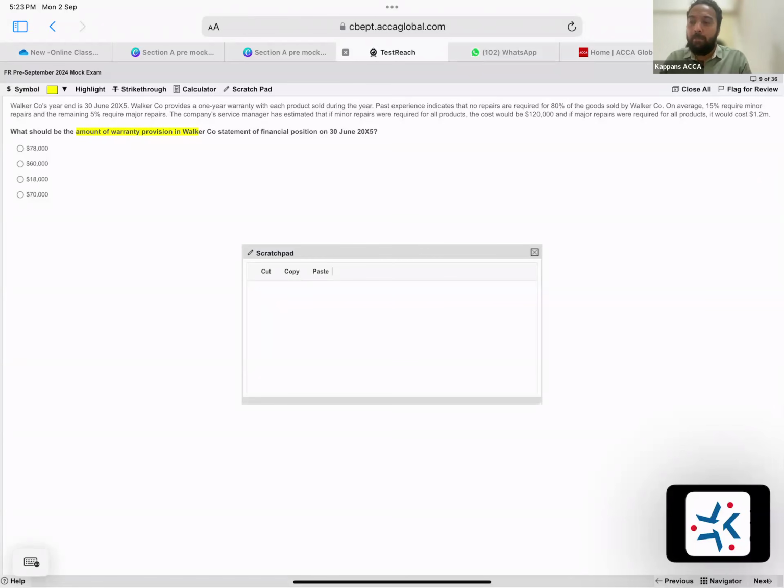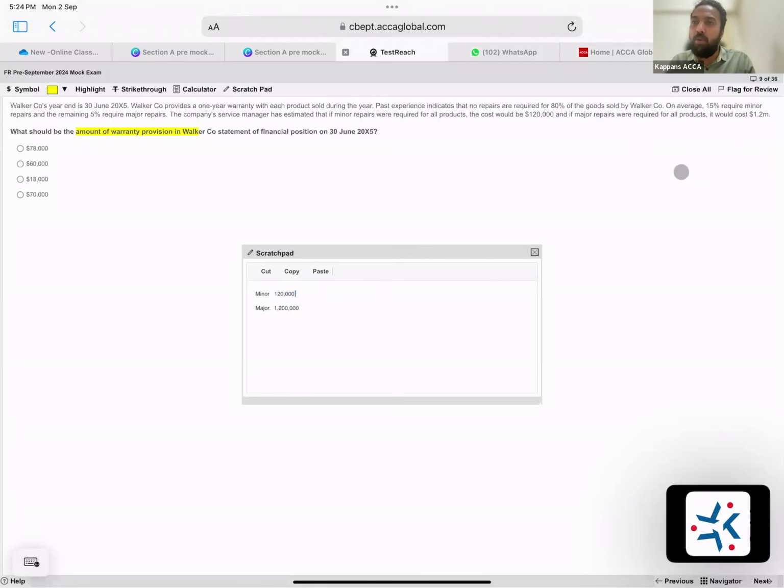So, minor repair and major repair. How do you calculate warranty provision? It is based on expected value. What is expected value? Future cash flow multiplied by probability. And the question says that if minor repair is required, the cost would be $120,000. And if major repair is required, it would cost 1.2 million.